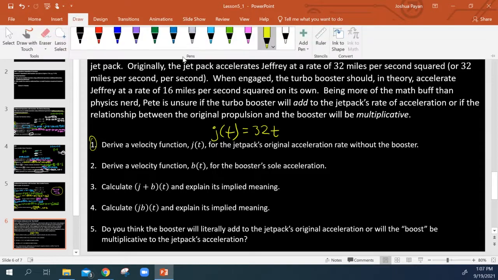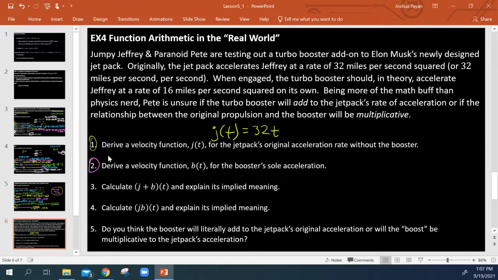Now for the booster, we already know the booster is giving us a velocity increasing at a rate of acceleration of 16 miles per hour per second.